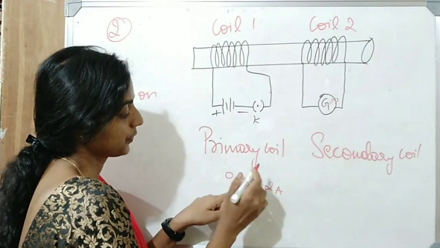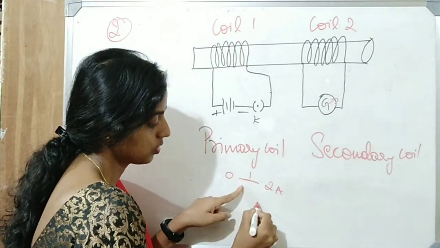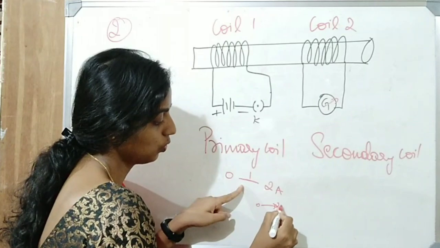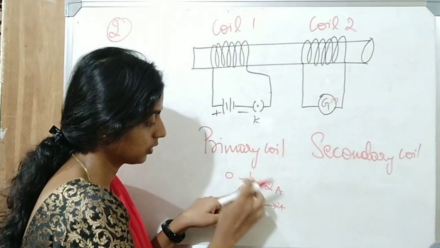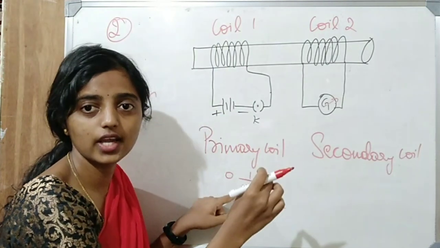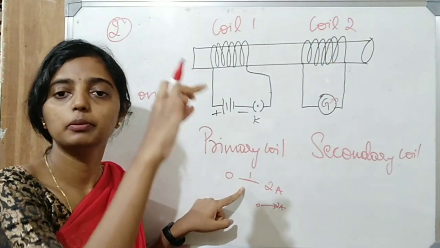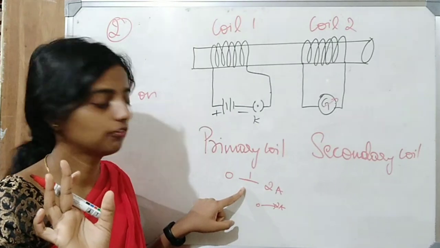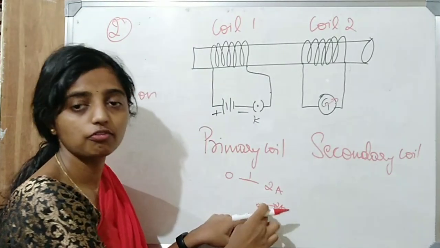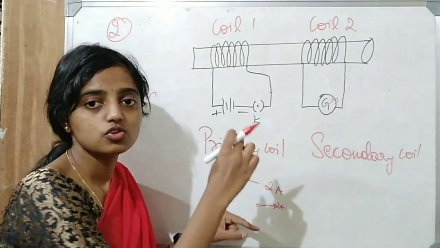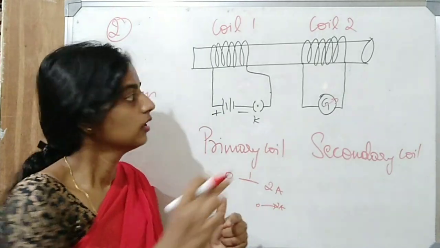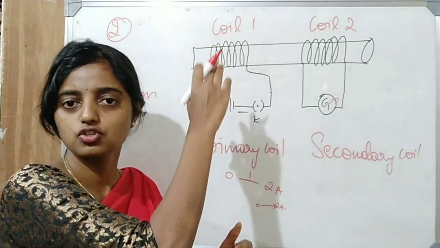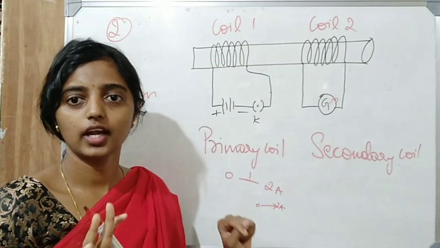So when the current goes from 0 to 2, we get different values at different times, and in each case the magnetic field will be different. We'll get a different magnetic field for 0.1, for 0.5 and for 1. So when the magnetic field is different, what happens? Induced current will be produced, which we understood from activity 1, right?